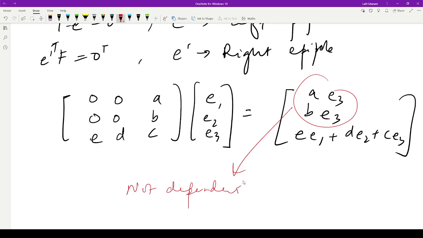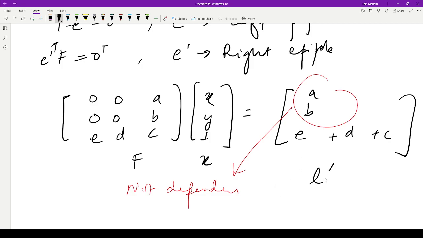I'll write it in a different manner so that it's more clear. If you have any point on the left image plane, we can directly multiply F into x, and what we get is L prime.